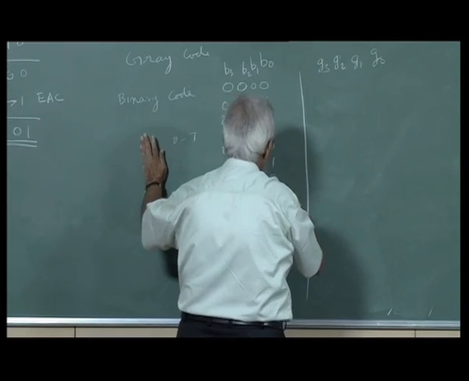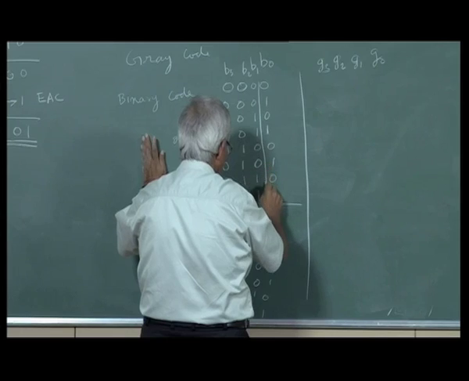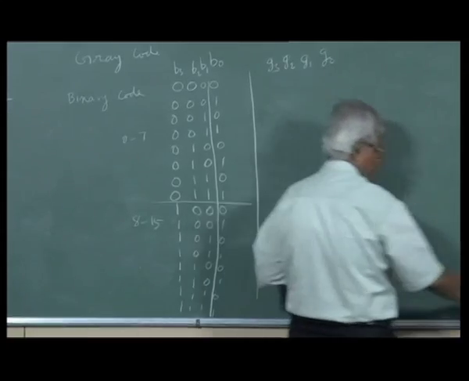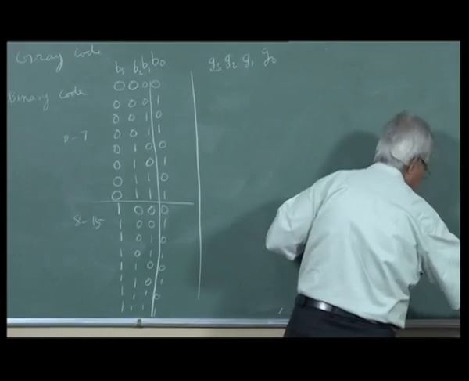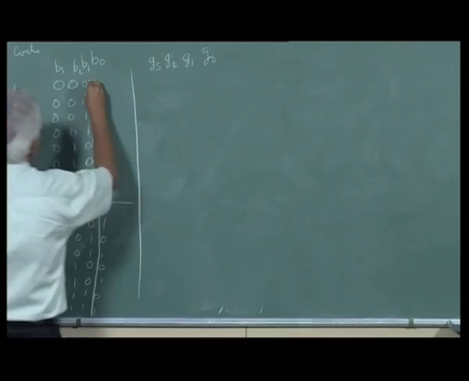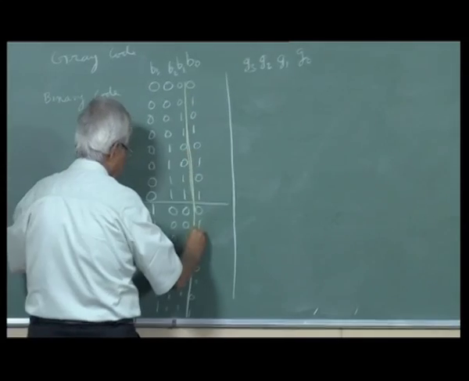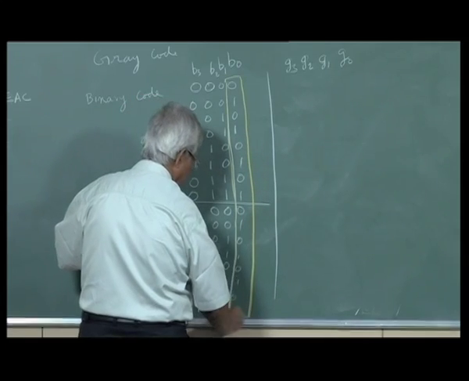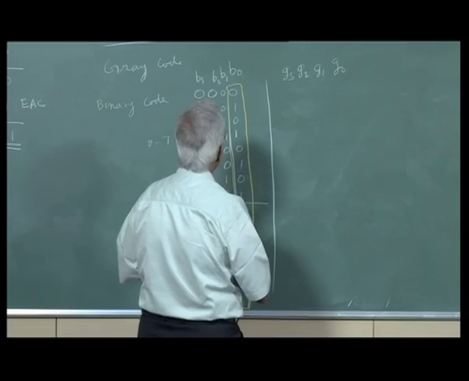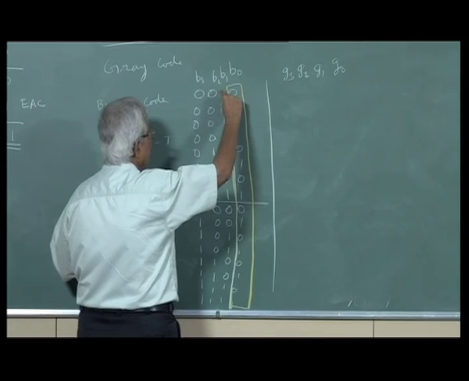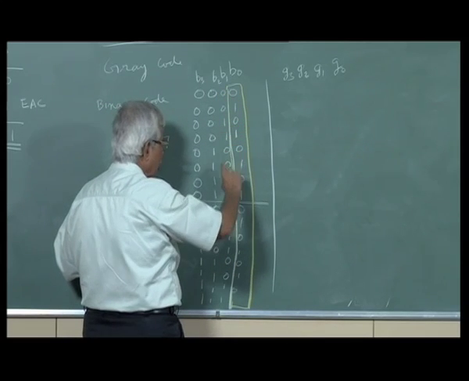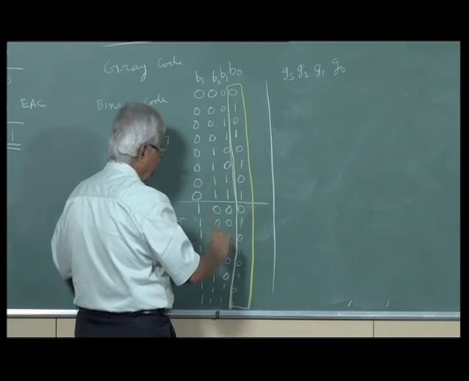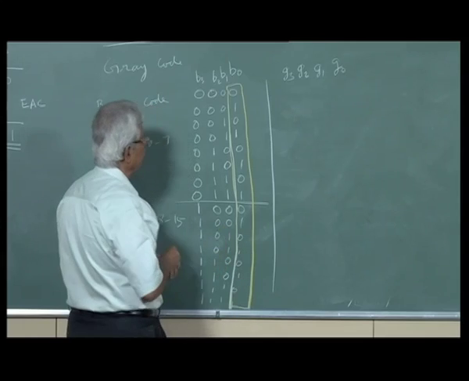Now the first column we will keep as it is. The second column, 0, 0, 1, 1, instead of 0, 0, 1, 1 repeating, we will invert it: 0, 0, 1, 1, 1, 1, 0, 0, 0, 0, 1, 1, 1, 1, 0, 0. We will do that.